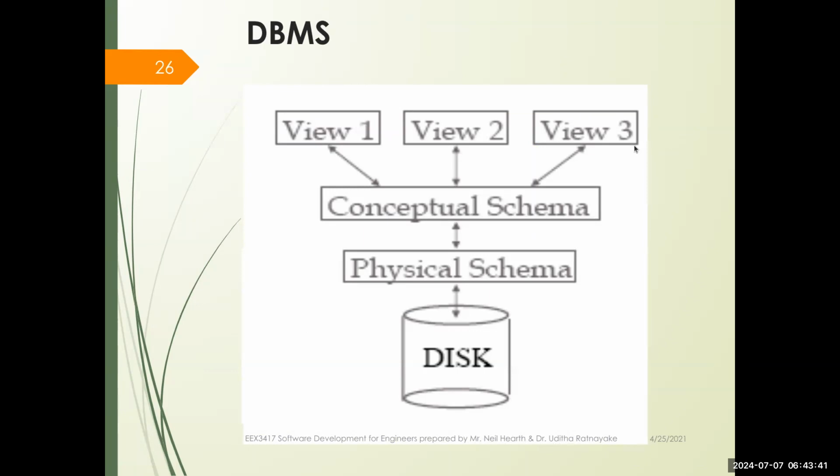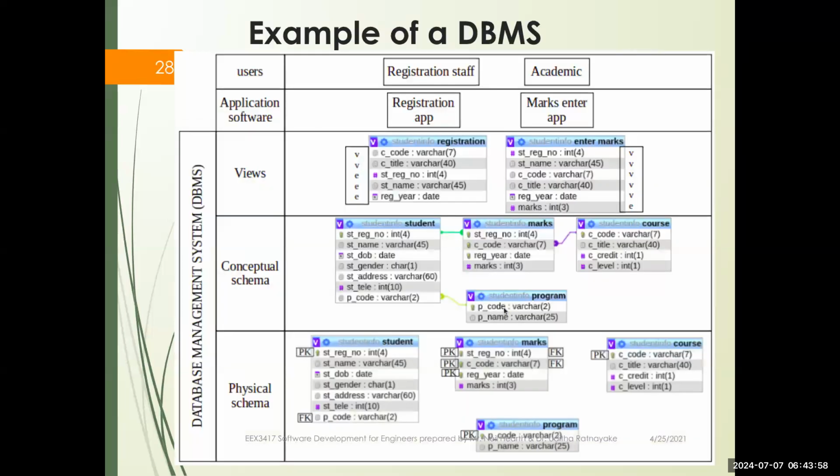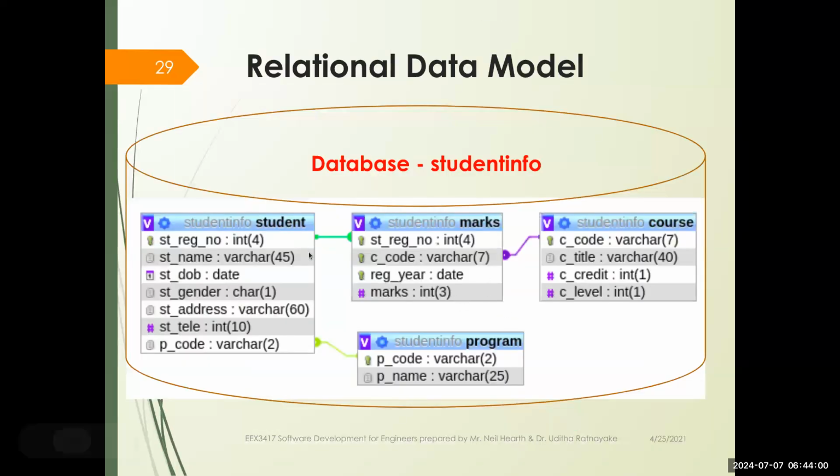Now, in this example, we have given only 2 views. There are so many views. Conceptual schema, physical schema, disk, that is the database. Relational database, like these colored tables created by this PHP MySQL.